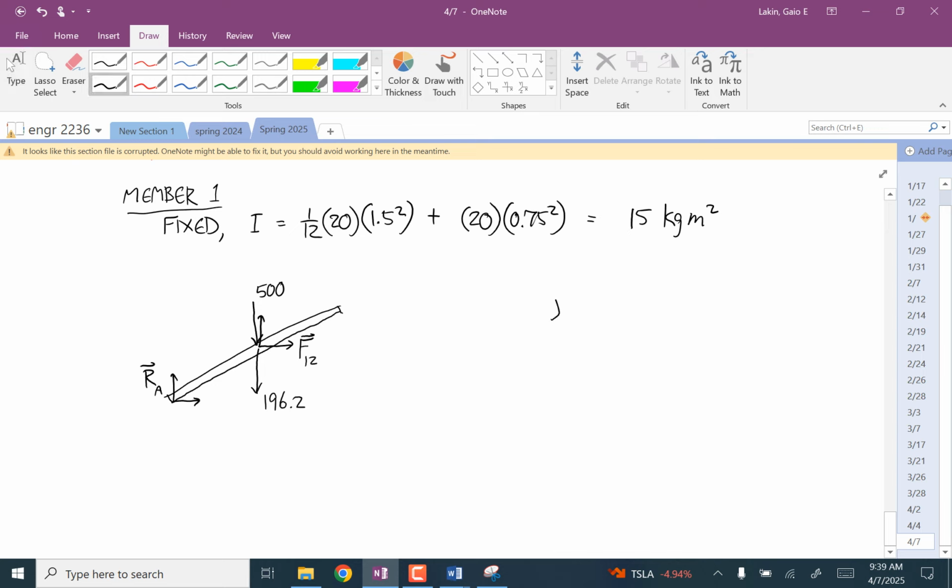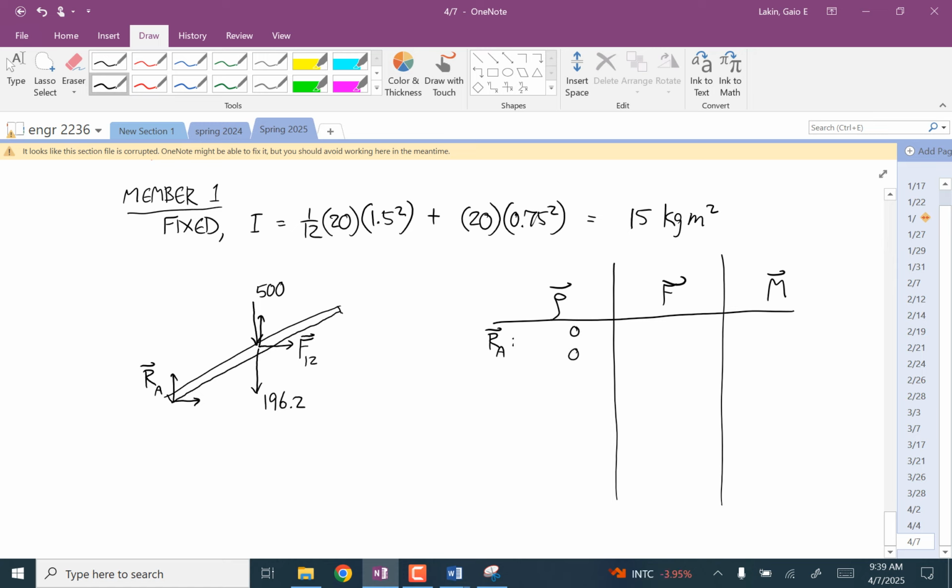And so now I'll go to the table. I'll start with RA. That's at the about point, so the rho vector is 0. The force vector is RAX, RAY.